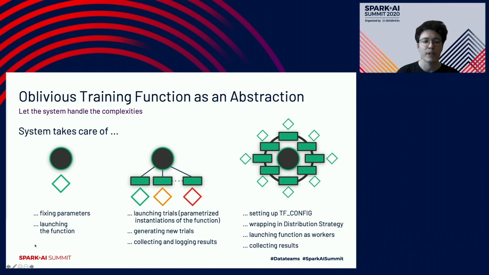In parameter tuning, it's just launching the trials or the functions with different parameterized instantiations, generating new trials from old results, and collecting and logging the results. And in distributed training, it's things like setting up the TF config, wrapping the model in a distribution strategy, and launching the workers in their different roles for the distributed training.